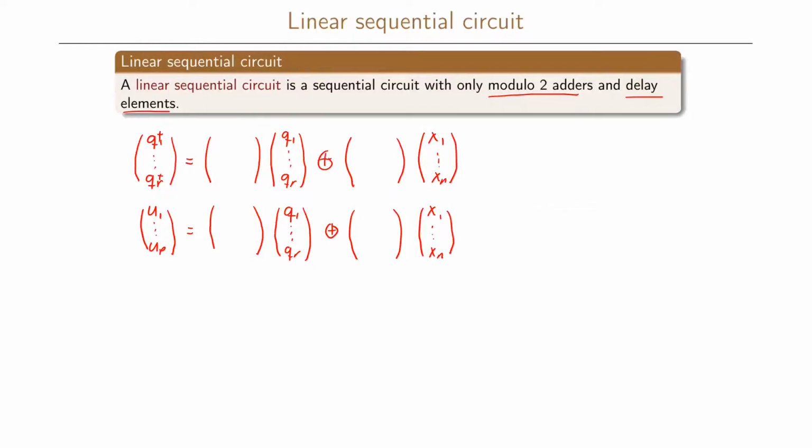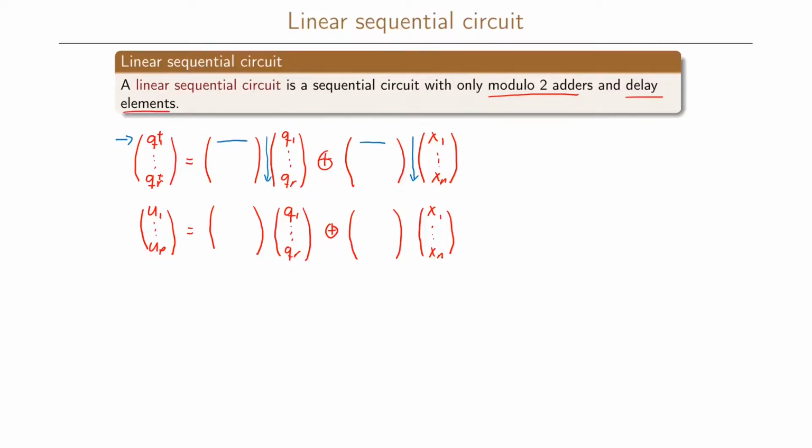So this is just another way of writing, for example, that q1 here is a linear function that is this first row in our matrix times our column vector with q1 to qr plus this first row of this matrix times our column vector of the inputs.